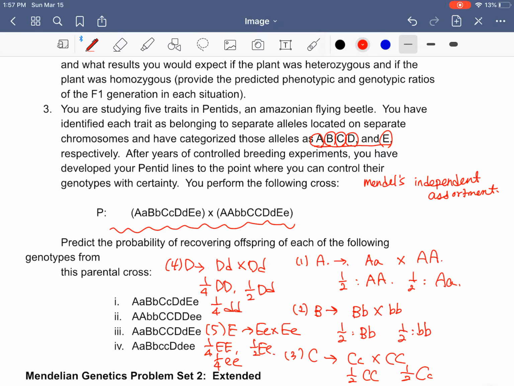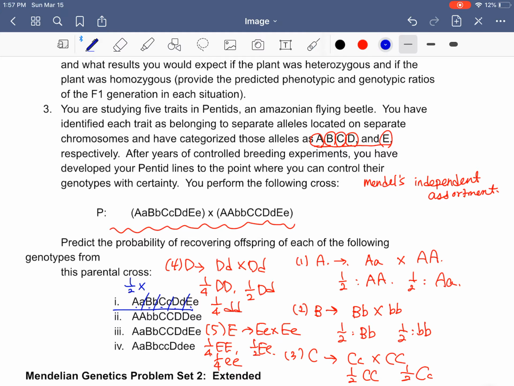So if we look at the first one, let's look at each of these pairs separately. So for the A allele, the probability of getting a heterozygous is 1/2, right? And then because all of these events are independent of each other, in that case we multiply the probabilities.